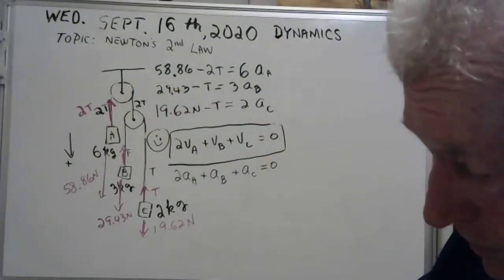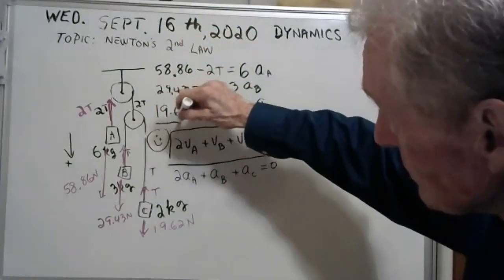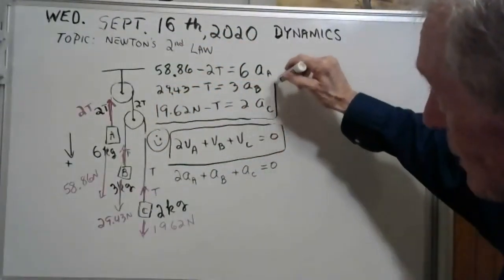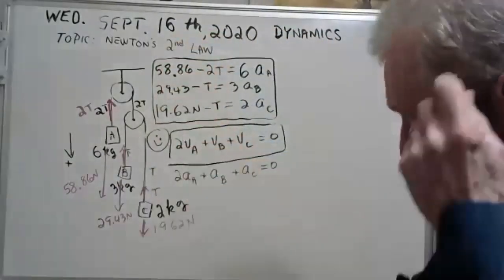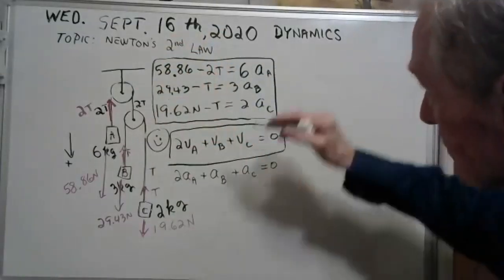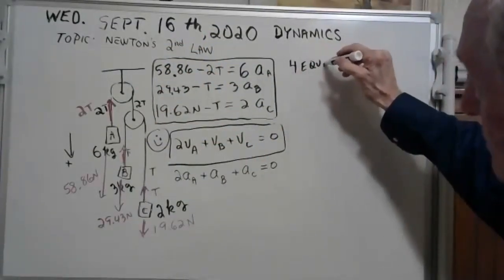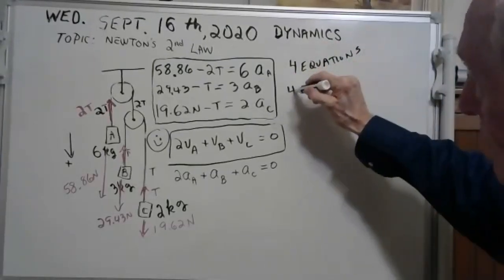Okay, now let's look at what we got. We have 4 equations. See here, I'll box them up for you. There's 3 of them there, and this one here. We have 4 equations. And we have 4 unknowns.